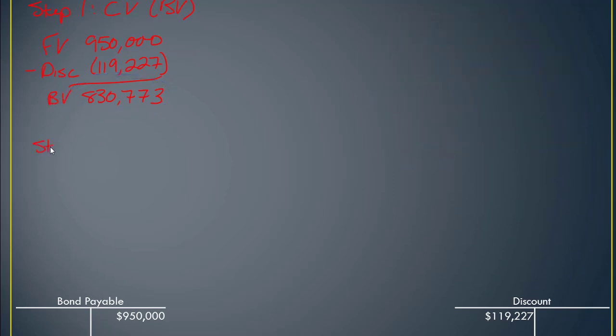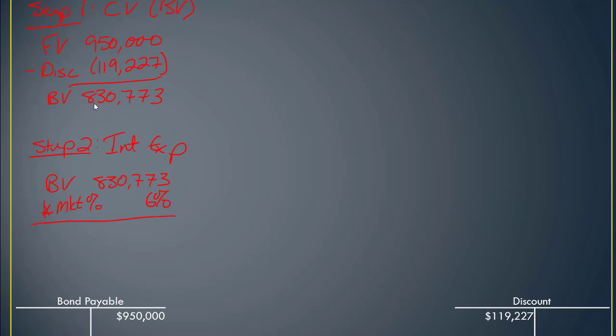Step number 2 is to calculate interest expense. When we've done these in the past, they've been interest revenue. Now it's interest expense. And to do that, I take the book value times the market rate. And we're going to use the 6% because that's the market rate that went into the time value problem.